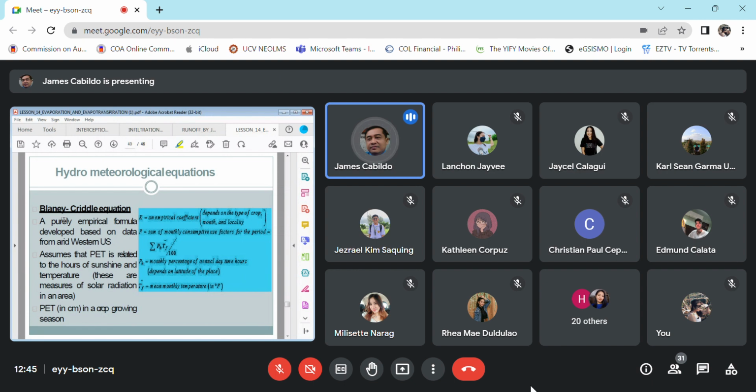First, here is what we call Blaney-Criddle. Two scientists who made the study. That's why they came up with this what we call Blaney-Criddle empirical formula developed based on data from arid Western US. So, usually, kasi US ang laging nanguna sa mga ito. Maganda kung tayo, baka hindi ganyan ang pangalan. Marahil kung ako nauna dyan, kailangan ko naman ng Kabinto equation.